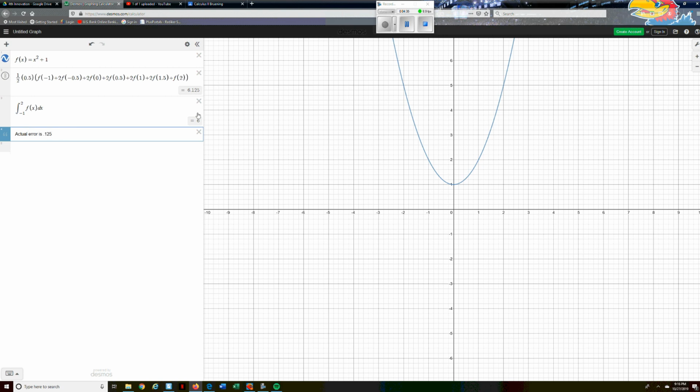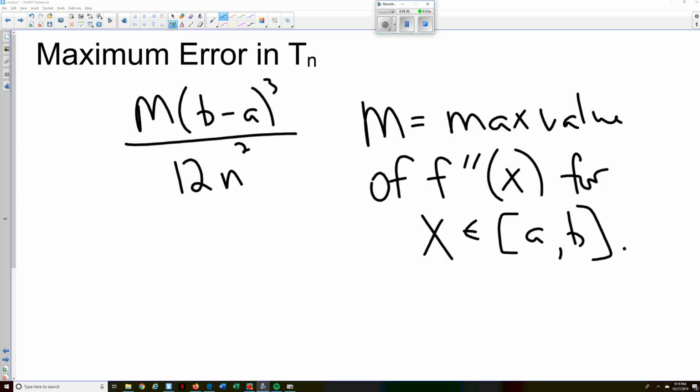What does calculus tell us our maximum error might be? We have kind of a convoluted formula here. The maximum error in the trapezoid rule, in our example, uses the 6 trapezoids we put in, and M is the maximum value of f double prime for x in the interval.